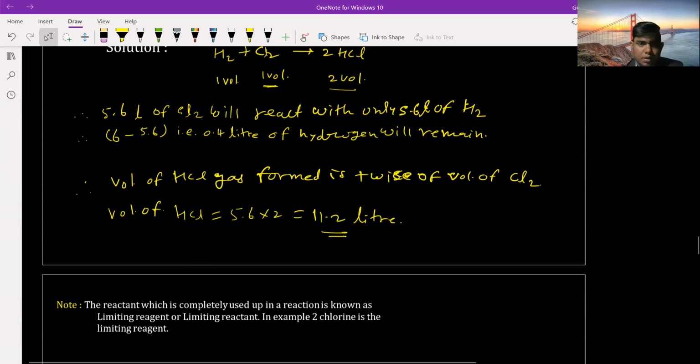So we can say the volume of HCl is 11.2 liter. समझ गए?